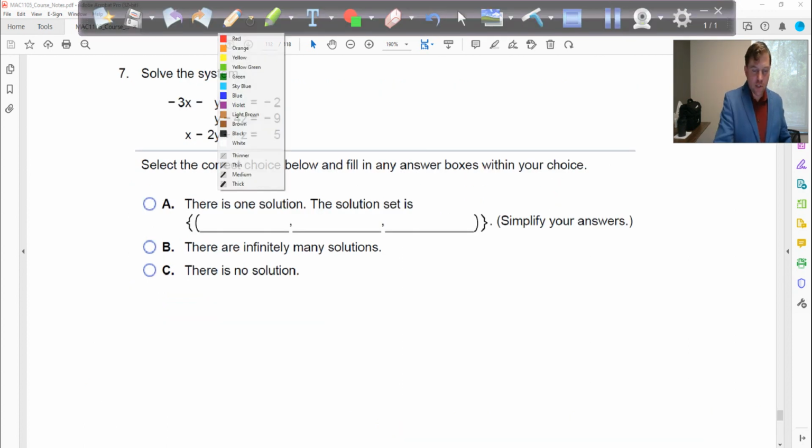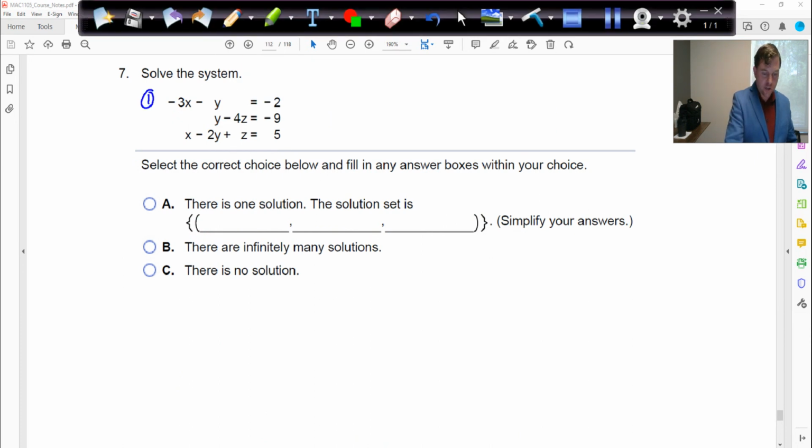Okay, problem 7. I'm going to kind of just show you the easiest way to do it. Again, there's more than one way. But I'm going to see that 3x and that x, and I'm going to say, let's get rid of those 2. So let's take equation 1, and let's add to that 3 copies of equation 3.